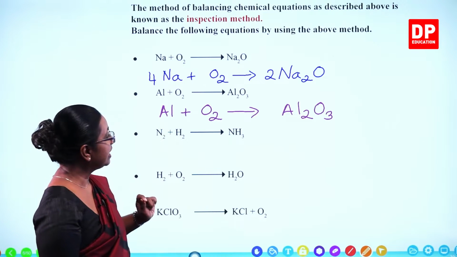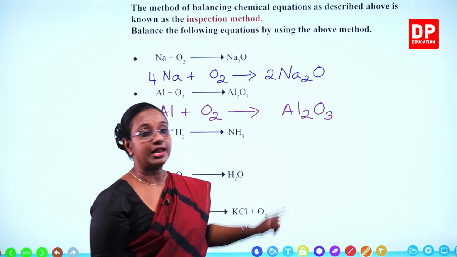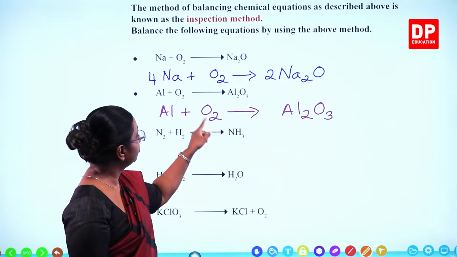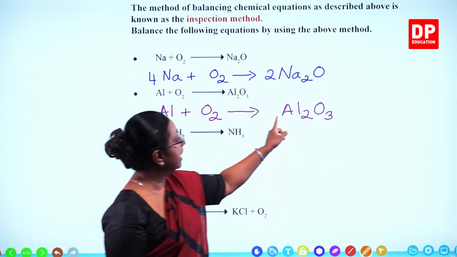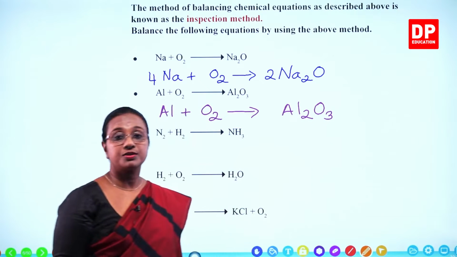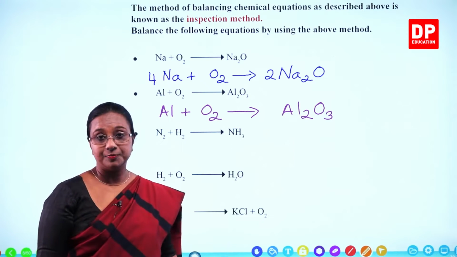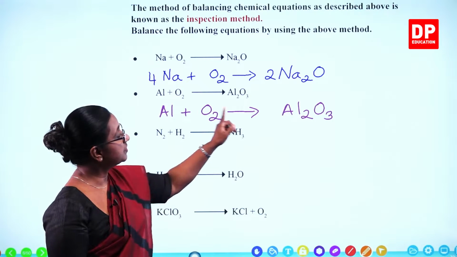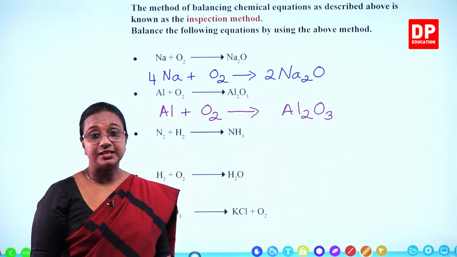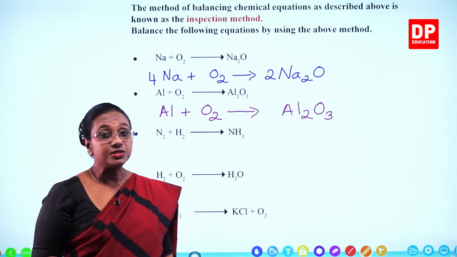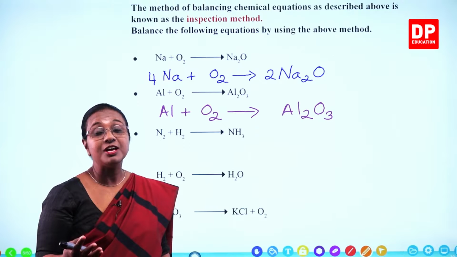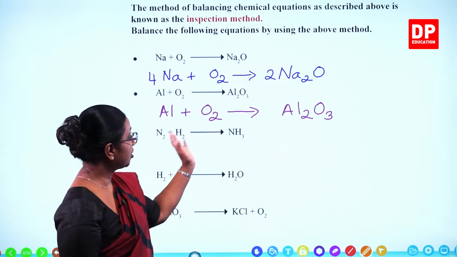Now, there is Al, and in the product Al2, two aluminium atoms. O2, two oxygen atoms. Al2O3, so 3 oxygen atoms. Again, the two values, 2 and 3. So, you have 2 oxygen atoms here. You have 3 oxygen atoms there. So, again, least common multiple, you can have 6 oxygen atoms on either side.